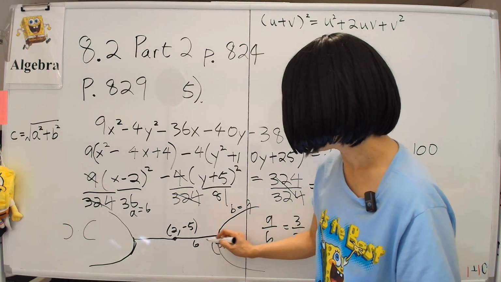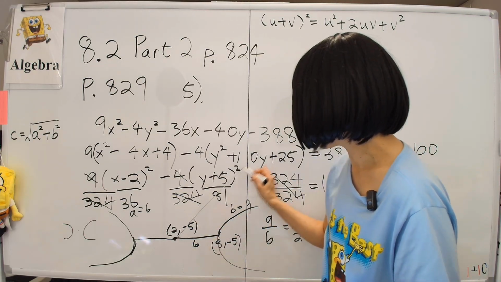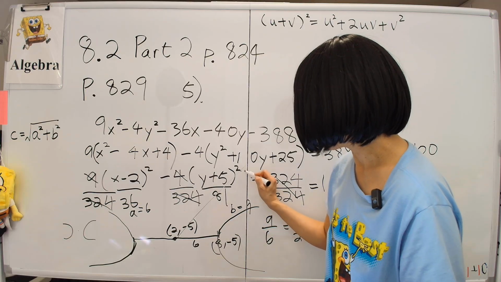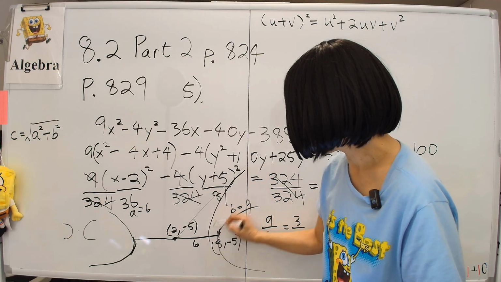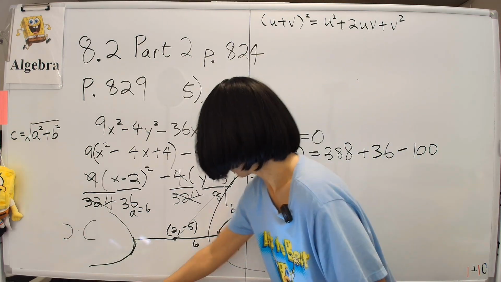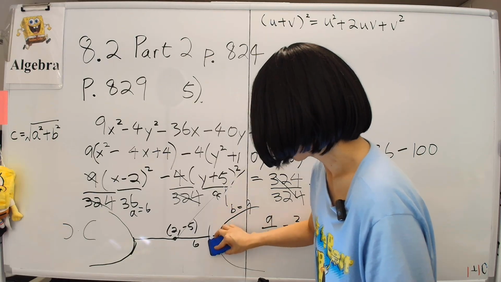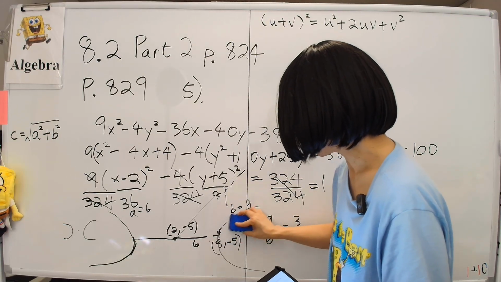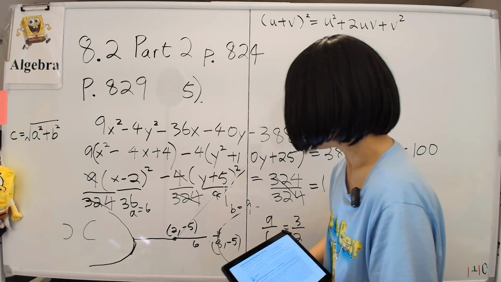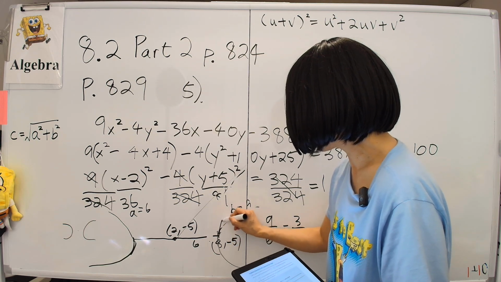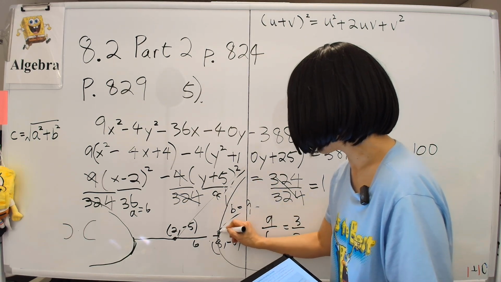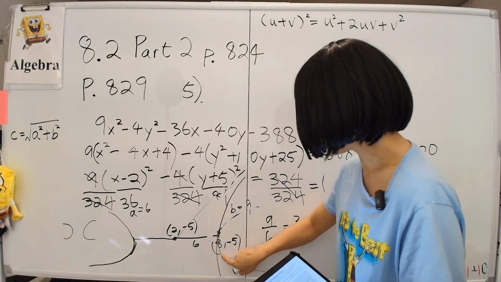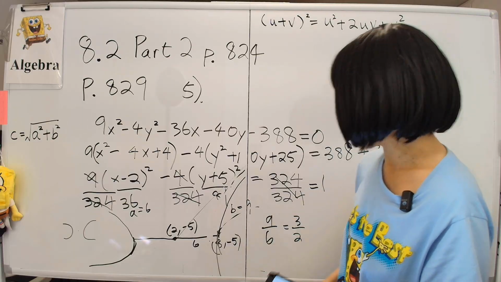So if the asymptote is fairly steep like this, the hyperbola actually goes, well, that is not cute. We need to go through the center. So the hyperbola is actually going something like this, approaching the asymptote, both top and bottom. So something like that.